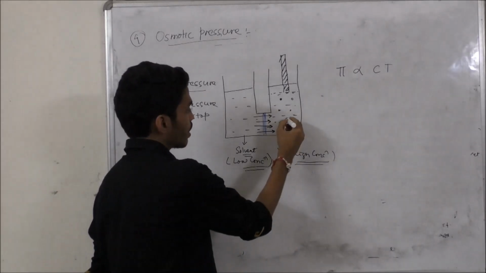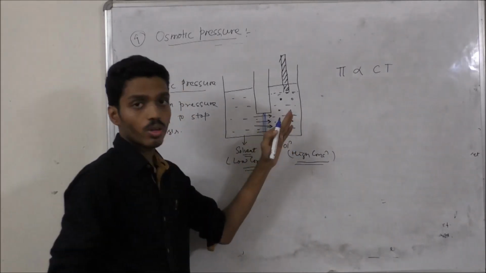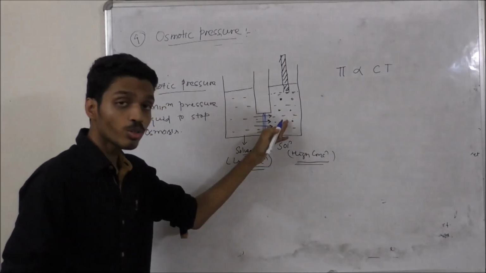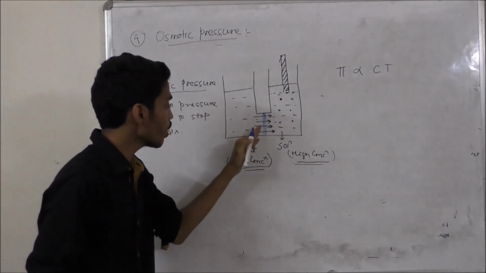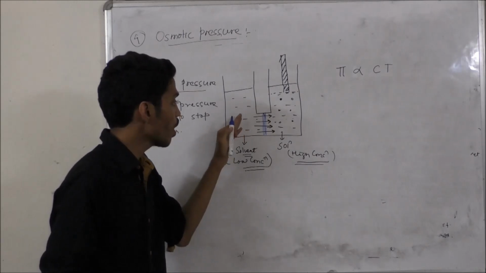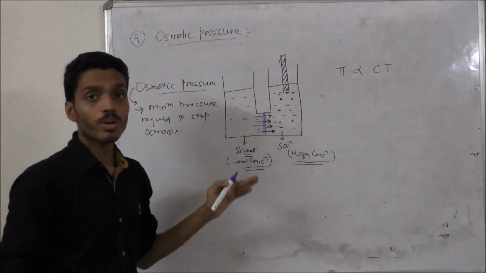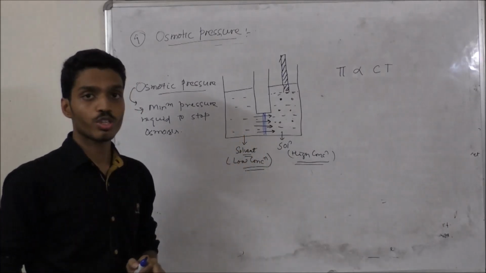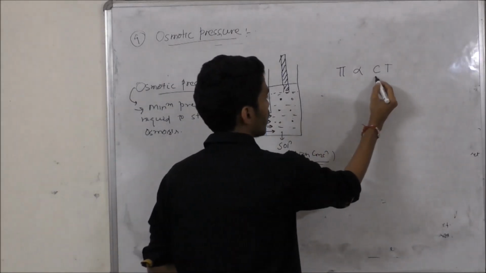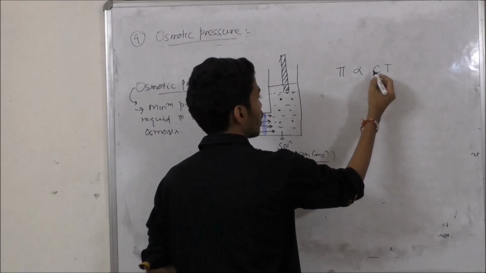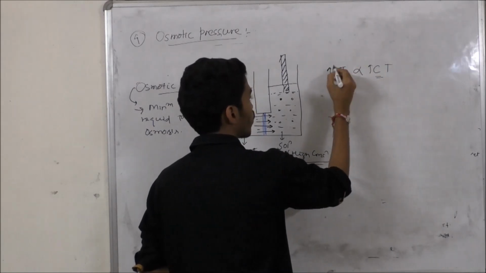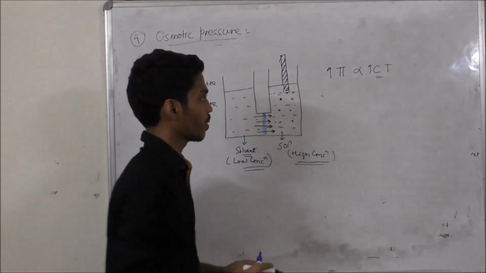Because if the concentration of this solution increases, more solvent molecules will flow from this side to this side, so we require more pressure to stop this osmosis process. So if concentration increases, we require more osmotic pressure.